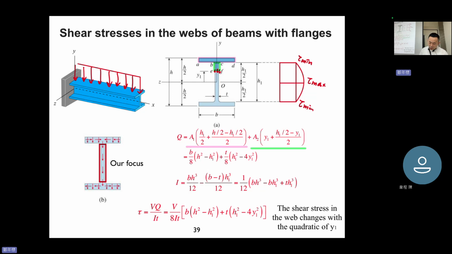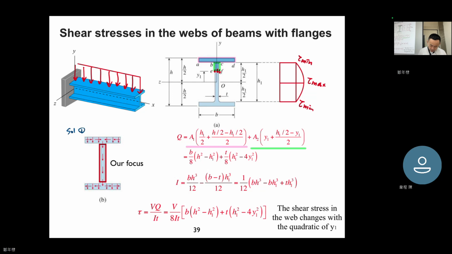Next, we are going to determine the I, the moment of inertia for this I shape. Okay, this is a little bit difficult, so you need to be with me. We have two solutions.